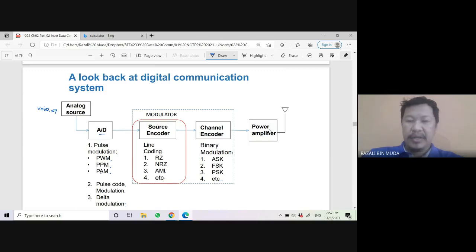ASK is amplitude shift keying, FSK is frequency shift keying, PSK is phase shift keying. And then before sending the signal, you have the amplification. That is the digital communication system.